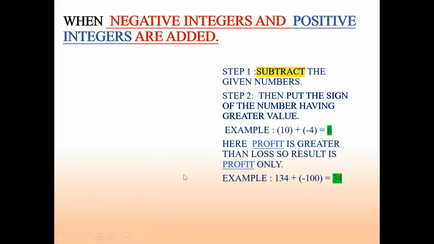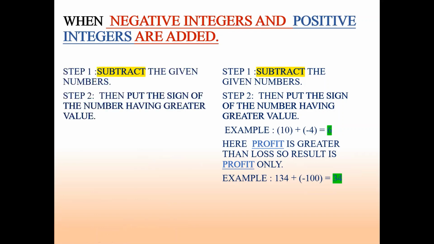What if I have the value of the negative number greater than the positive number? In this case also, you are going to subtract the given numbers and put the sign of negative, as the loss is more. Now check here, minus 5 plus 4. Apart from the sign, 5 is greater than 4.